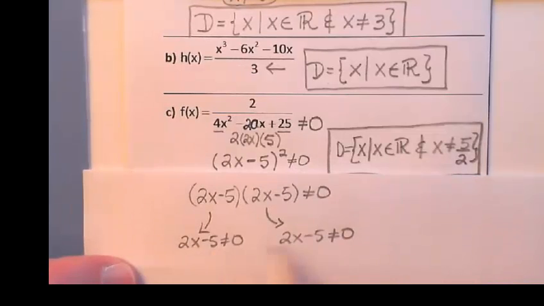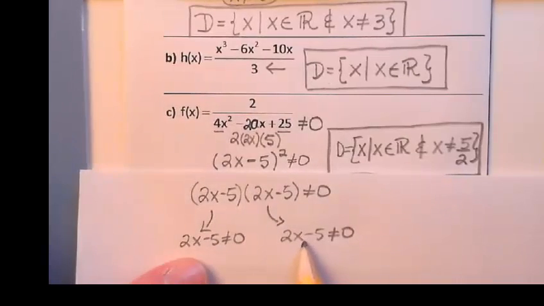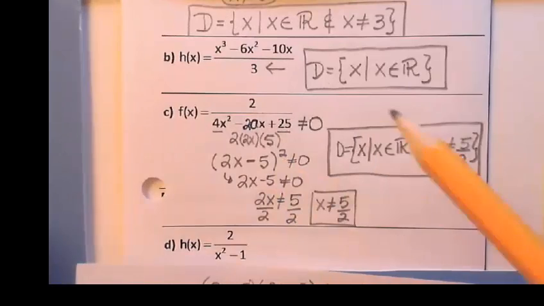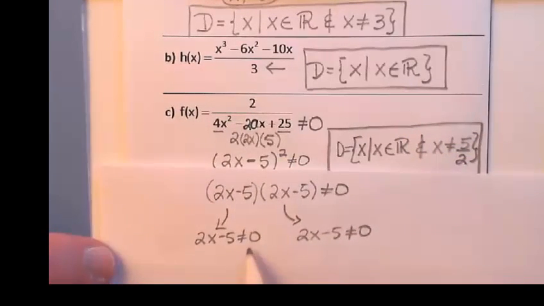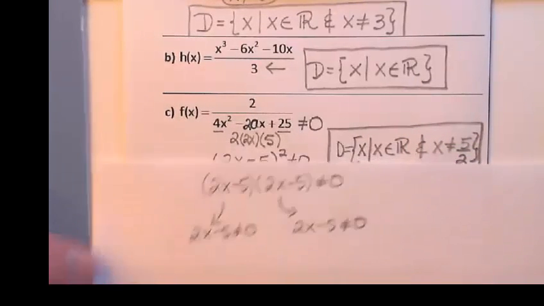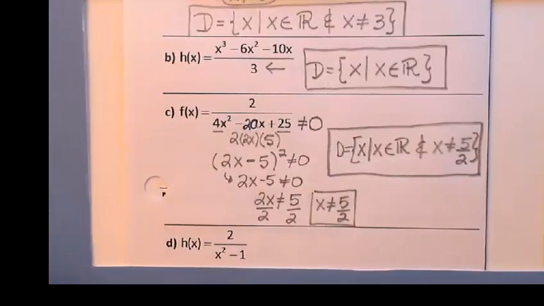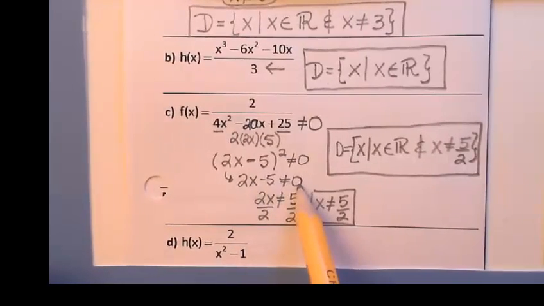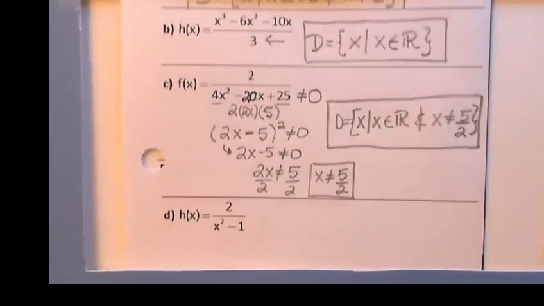But if you notice, am I going to get the same answer here as well as over here? Yes, I will, because they're both the same. So for that reason, we really don't care about the square here, because, I mean, yes, you have two answers, but the two answers are going to be the same answers. Okay? So anytime you see a square there, we can say the square goes away, and then you're left with 2x minus 5 different than 0. So I just want to make sure that you clarify that.